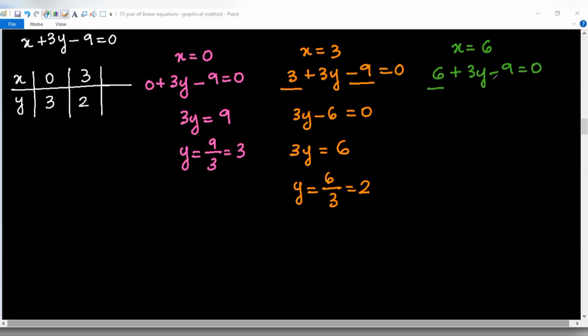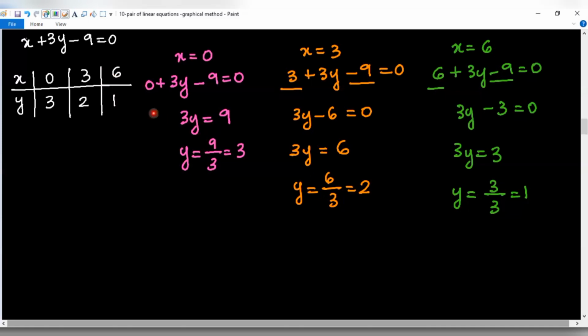So 6 minus 9, that is minus 3. So here we have 3y minus 3 equal to 0. Then 3y is equal to minus 3 taken to the right side, positive 3. So y is equal to 3 by 3, that is 1. Thus we got another integer pair, that is x equal to 6 and y is equal to 1. So we can plot that.